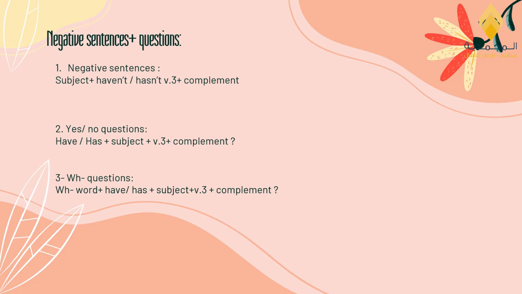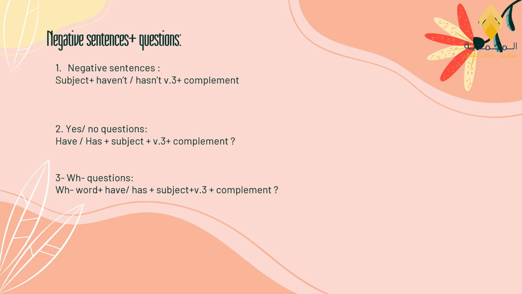Now let's move to the questions. I have two types of questions: yes or no questions and WH questions. First of all, we are going to start with the yes or no questions. As you can see in front of you, the structure of a yes or no question in the present perfect is going to start with the auxiliary have or has plus the subject, followed by verb 3, which is the past participle, and the complement.